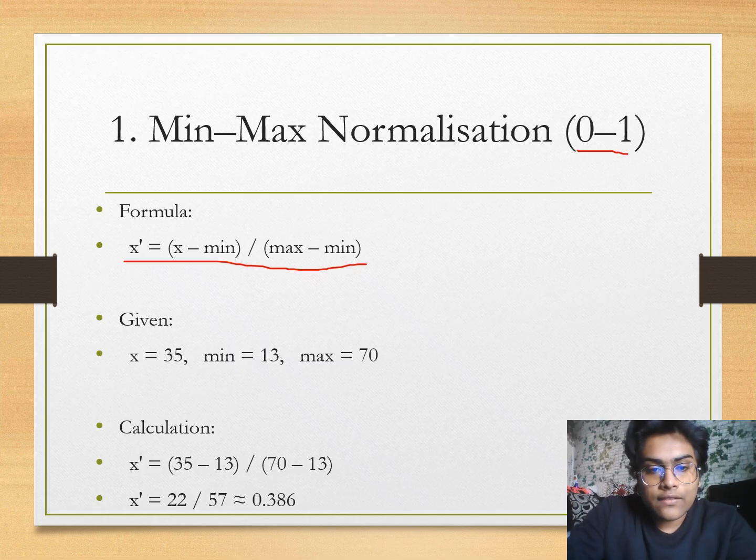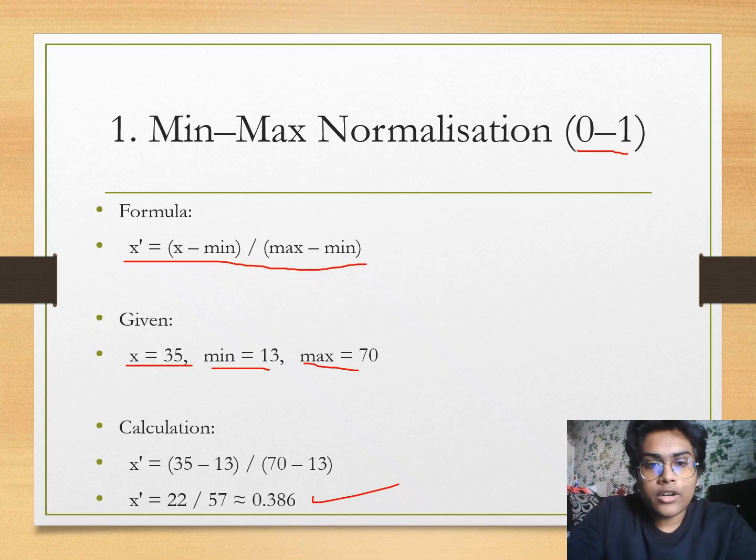Here x is 35 because we have to normalize 35, min is 13 in the data set, and max is 70. So the calculation is as follows: x dash is equal to 35 minus 13 divided by 70 minus 13. So x dash is 22 by 57, which is approximately 0.386. So the min max normalization is 0.386.